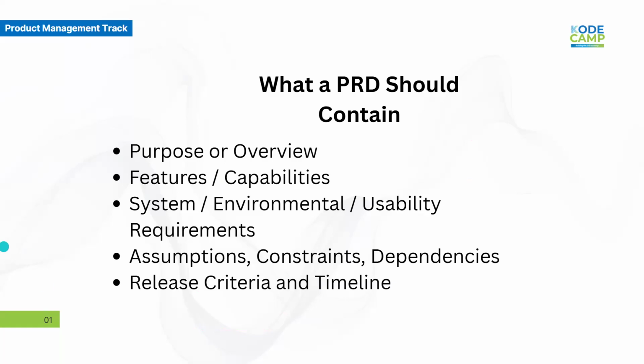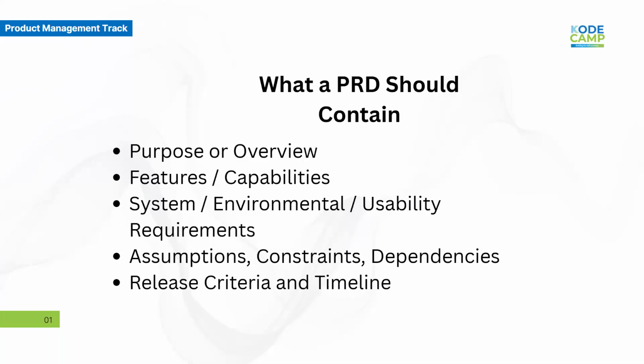All right, let's continue. What a PRD should contain. Number one, purpose or overview. Every PRD begins with a clear purpose or an overview, right? This is where you explain what this release is aiming to achieve. Another word you can use for release is launch, when you're trying to launch your product.